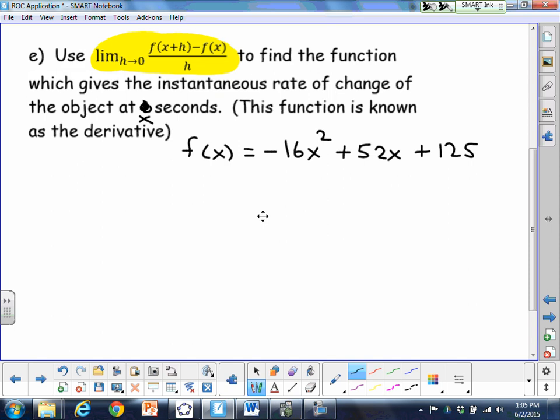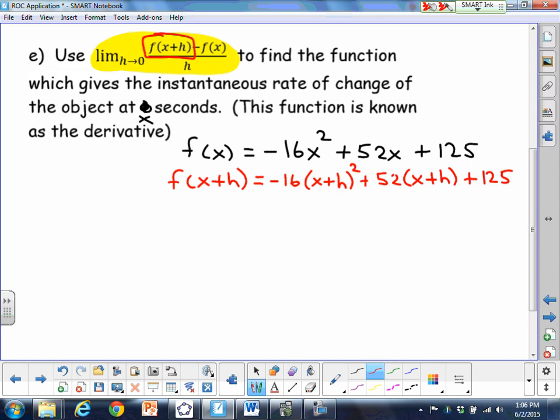Okay, so what we need, if you look up here, we're eventually going to need to know f of x plus h. So I would just encourage you guys, let's just see what that is right away. And really all that's going to happen from the original function is we're just going to take the original thing, but I'm going to put x plus h in for both x's. Anywhere there's an x is now an x plus h.